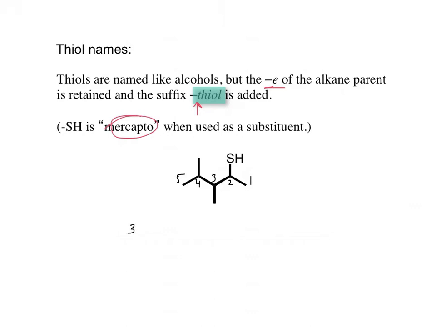So this will be 3,4-dimethyl. And then it's going to be pentane thiol. And I forgot to put the number. Let's back up real fast and let's put that number, pentane-2-thiol. Without that 2 there, you would not know where to put that SH group.